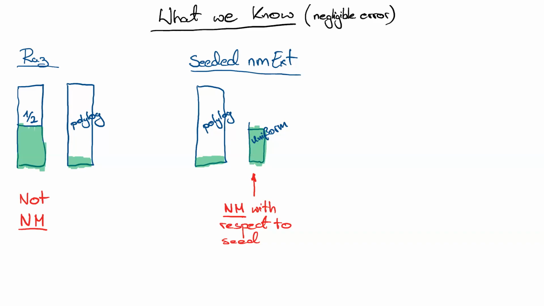One source has polylogarithmic entropy, the other is uniform, but very short, and the uniform one is called the seed. And those are non-malleable, but only with respect to the seed. So if you see the output on the same random source, but correlated seed, this extractor is capable of breaking this correlation.